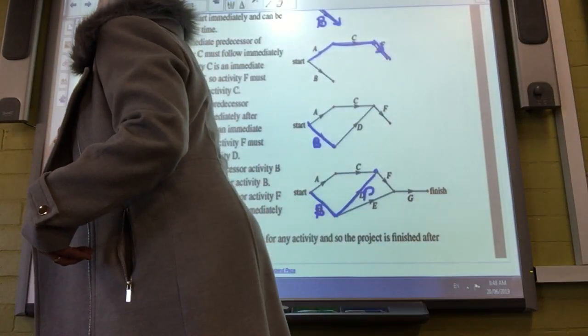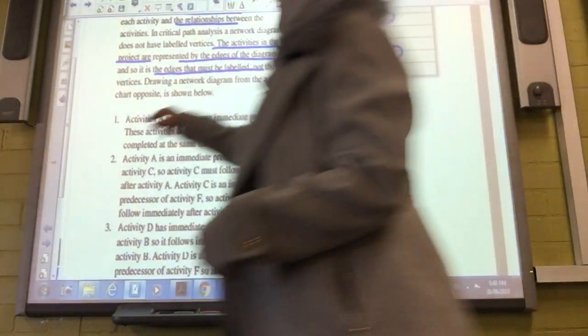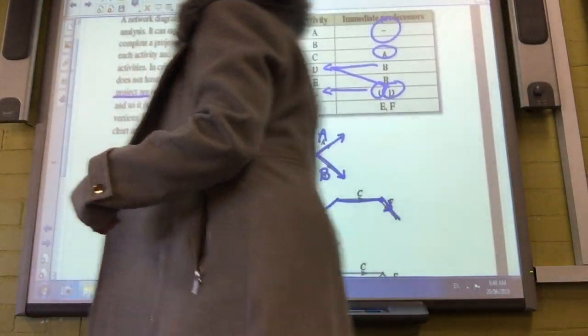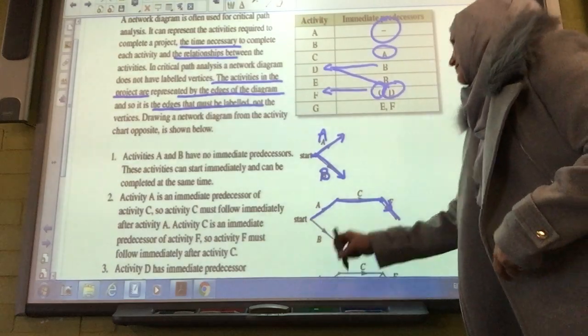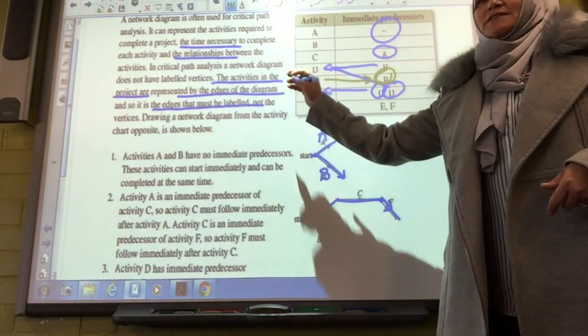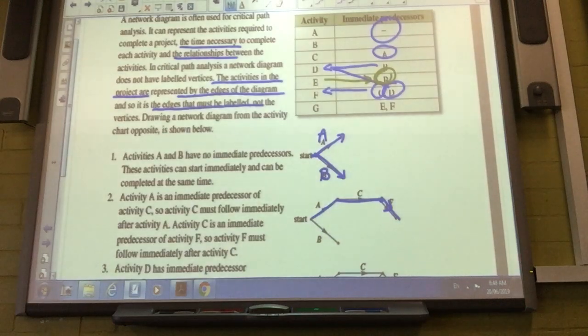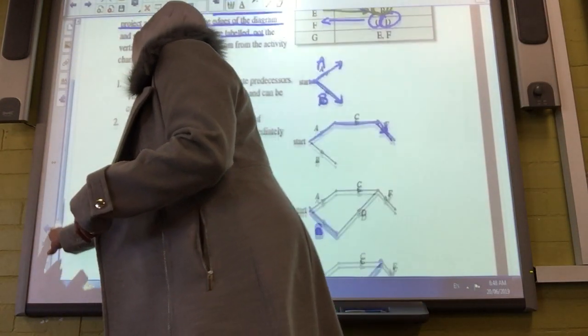Going back to the chart, what's left? We are crossing off as we go along. E and G, so we need E and G. Is there anything before E? What's the predecessor for E? B. So B is actually branching into E as well. Go back to the chart to see where you're up to.